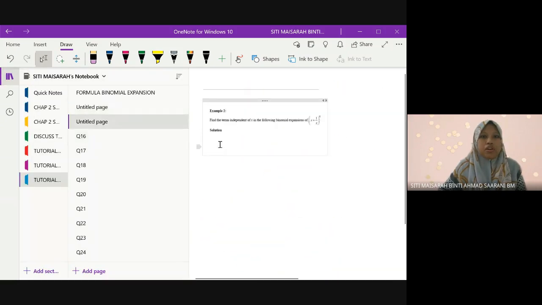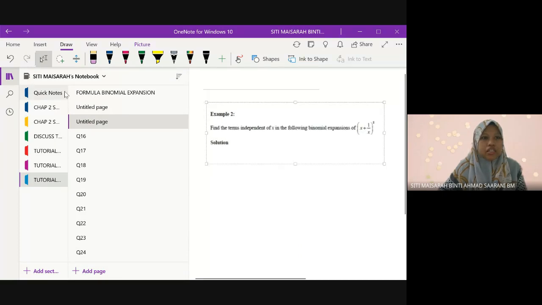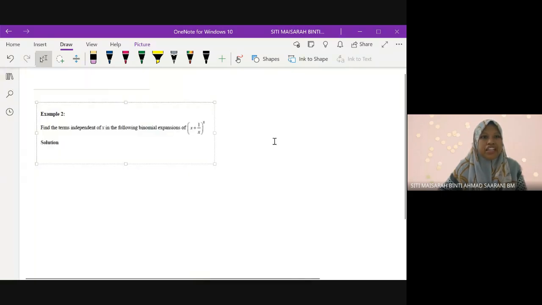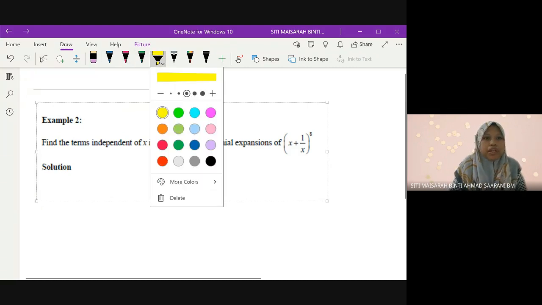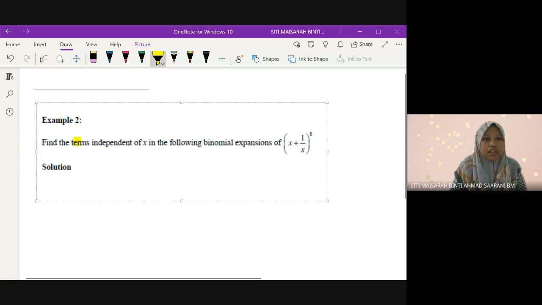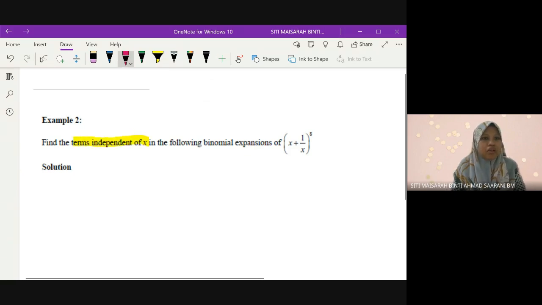Okay, and then for example 2. Yang ni, this question asks to find the term independent of x for expansion of x plus 1 over x, power 8. Okay. Kalau term independent, apa yang awak sepatutnya dah boleh bayang?